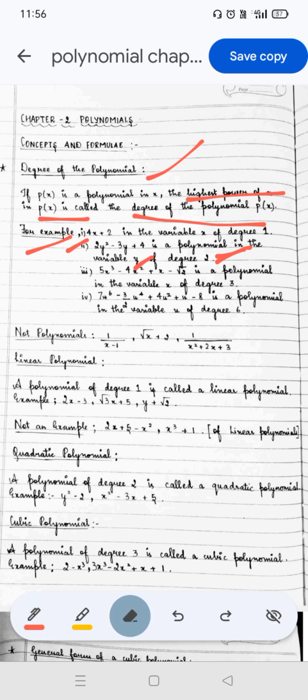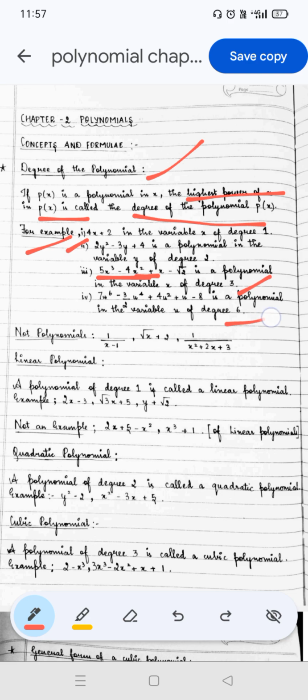The third example, we can say that 5x cube minus 4x square plus x minus root 2 is a polynomial in the variable x of degree 3, because here the highest power is 3. So hence the polynomial has degree 3 with variable as x.